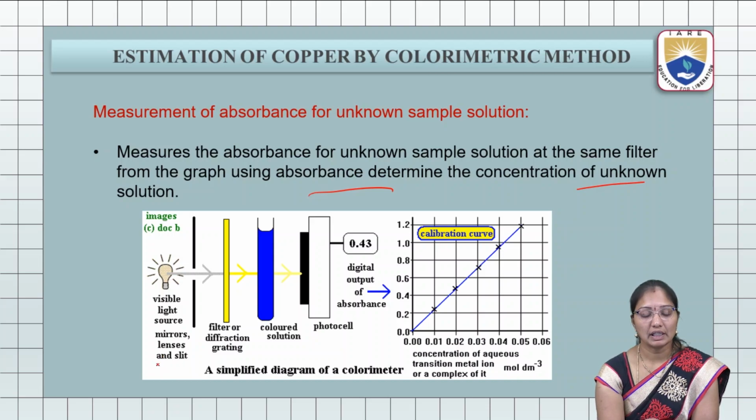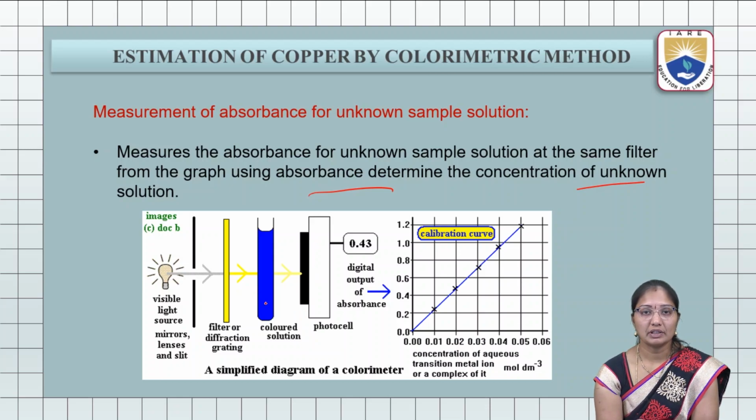Now this is the visible light. It is passed through the filters, diffractor or gratings, then it enters the colored solution, which is like our copper sulfate solution. Then the photocell is there. When the light passes, the copper sulfate solution absorbs the light.